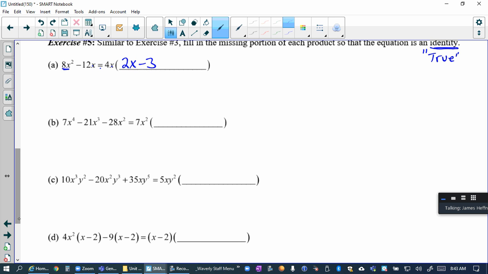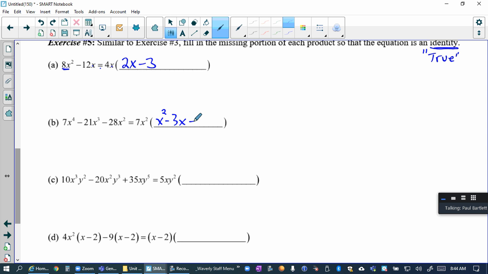So we got 7x to the fourth minus 21x cubed minus 28x squared, and it equals 7x squared times something. What's the something going to be? Just feel free to say it, anybody. 1x squared. Yep. We don't need to write the 1. So x squared minus 3x minus 4x.